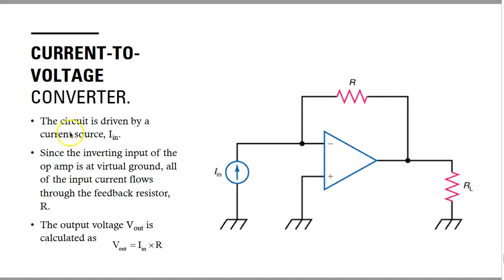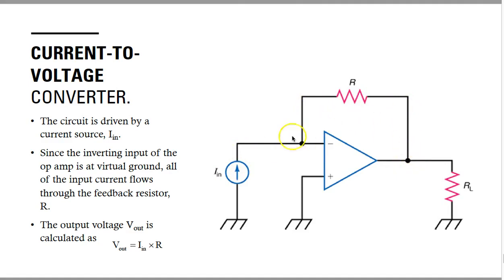Similar to the previous converter, here you are converting the input current into the output voltage. As you know, by the ideal property of an op-amp, the current going into the inverting and non-inverting sides of the op-amp is approximately equal to 0. That means whatever current you are sending here goes into this feedback resistance.